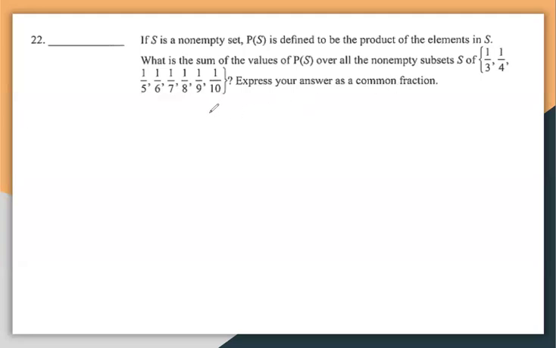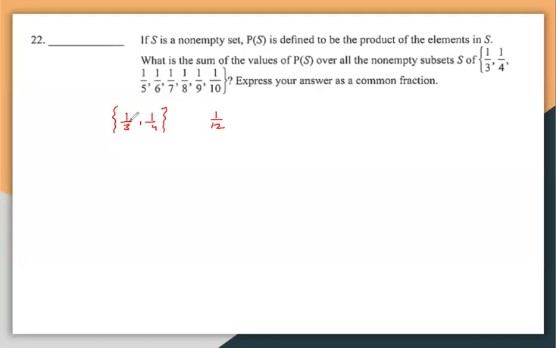Okay, so it looks a bit complicated, but let's start by choosing two numbers, let's say 1/3 and 1/4, and let's say this is one of the subsets. P of S is defined to be the product of the elements in S, so we multiply 1/3 and 1/4, which gives us 1/12.